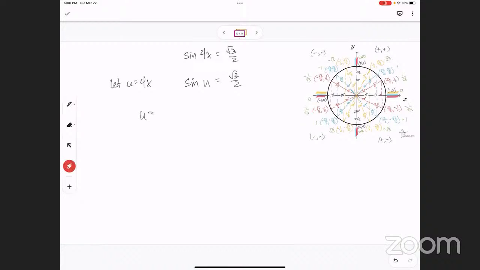It's not 11 pi over 6. Where is the sine? The sine is the y. So it's pi over 3 and 2 pi over 3, right? Got it? Pi over 3 and 2 pi over 3.